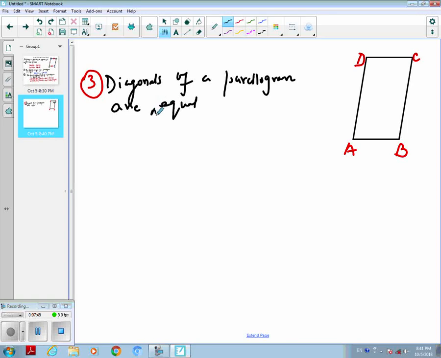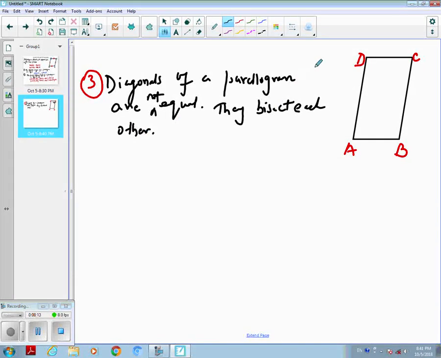They are not equal. Diagonals of a parallelogram are not equal and they bisect each other. Diagonals bisect each other.